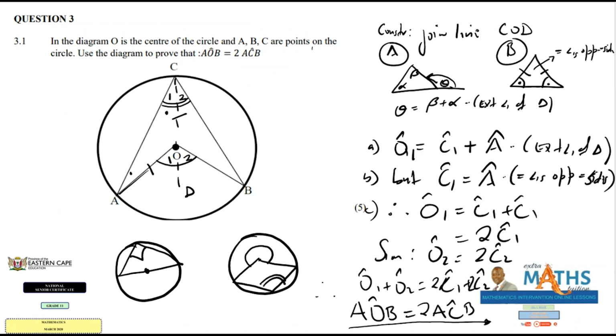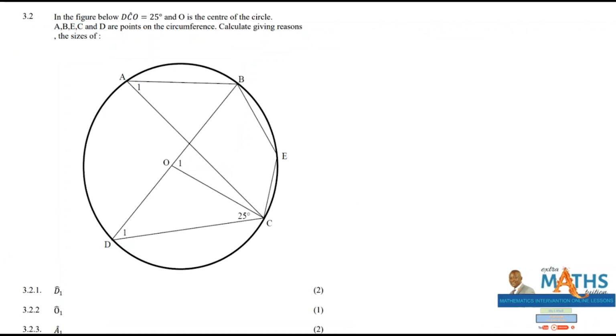Let us proceed now to the problems and check how we can use this theorem so that you can be able to solve the problems. This problem is also taken from the above problem that we're doing, and we were given a diagram.